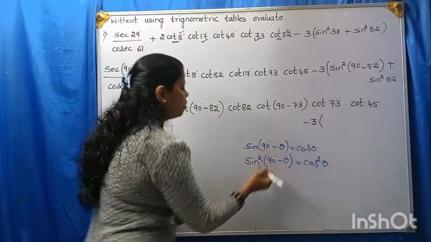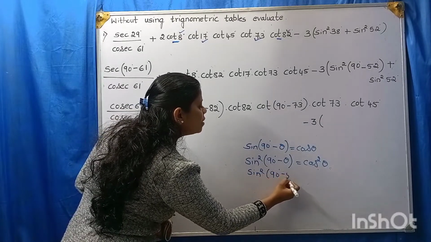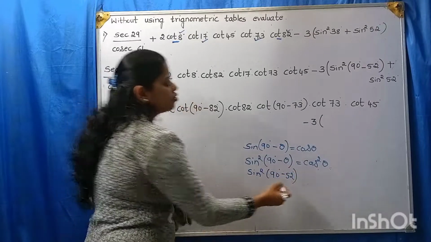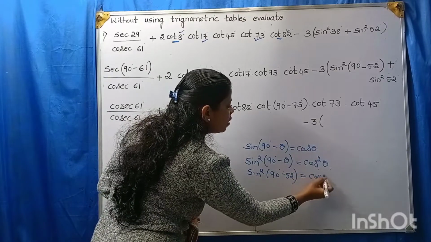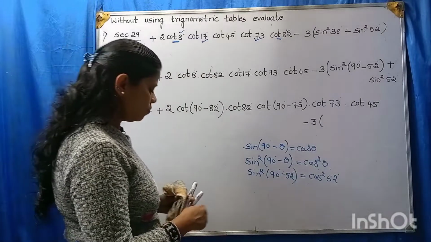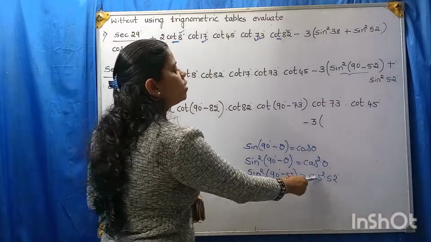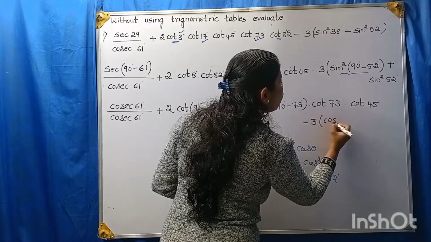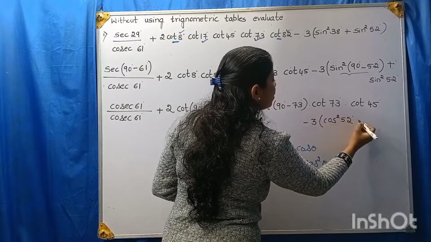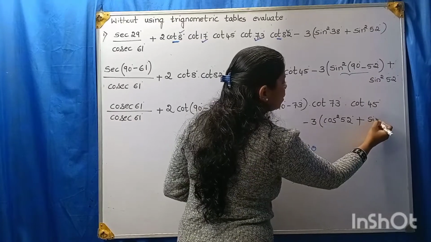Here we have sin square 90 degree minus 52 degree, so I can write it as cos square 52 degree. So this one I will write as cos square 52 degree plus sin square 52 degree.